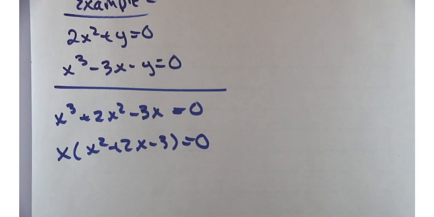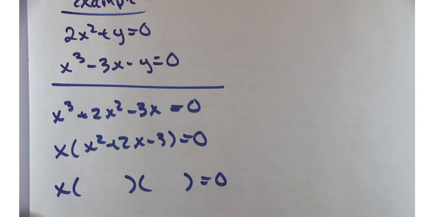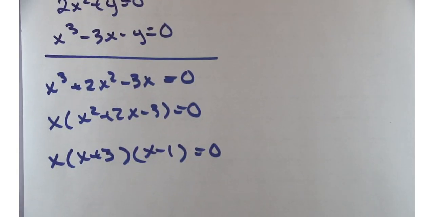Good. Can we factor what we have here any further? Elizabeth? Yes. x plus 3, x minus 1. Wow. Hey, that wasn't so bad. That was easy.